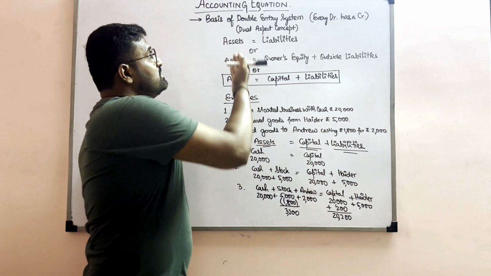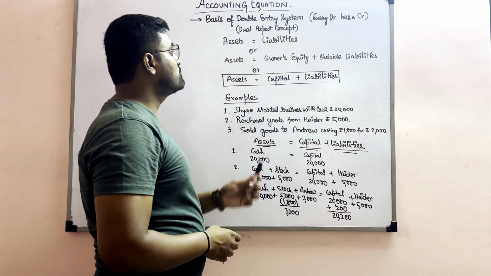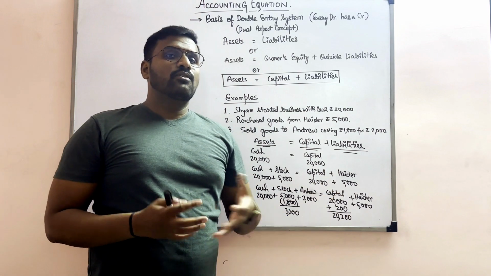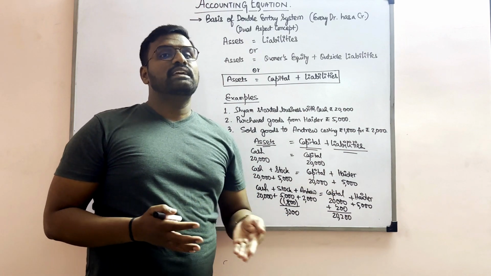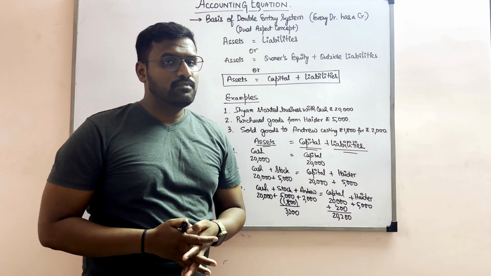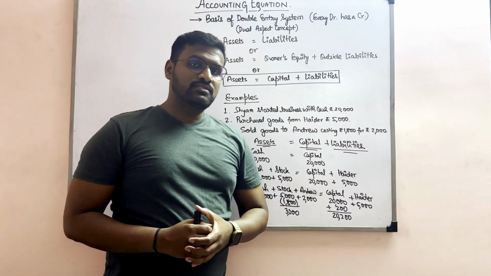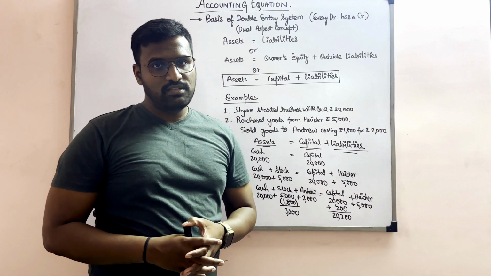Now, if we further deduce this equation, we can also say that the liabilities are of two types. Either it is for the owner, who is basically involved in the running of the organization, the internal people, or the outsiders, whom we refer to as the outside liabilities.